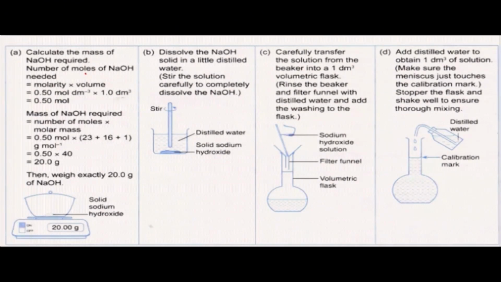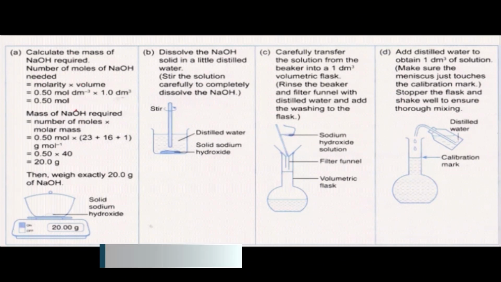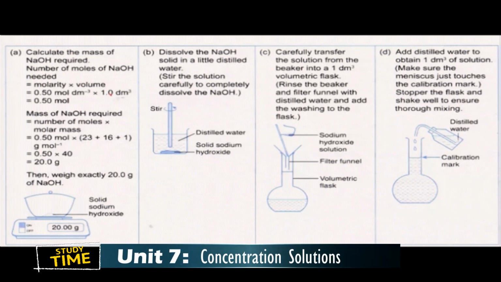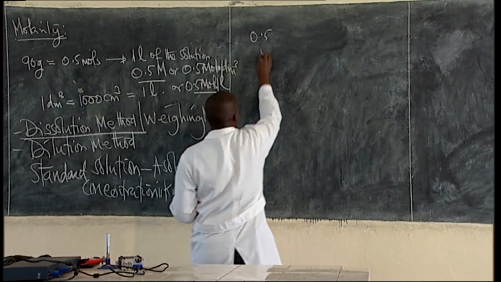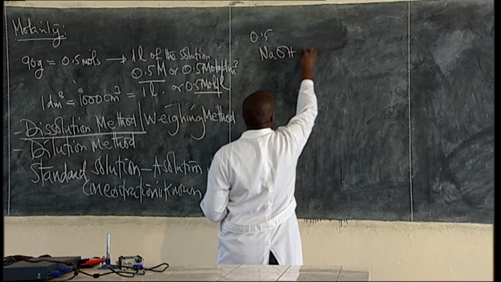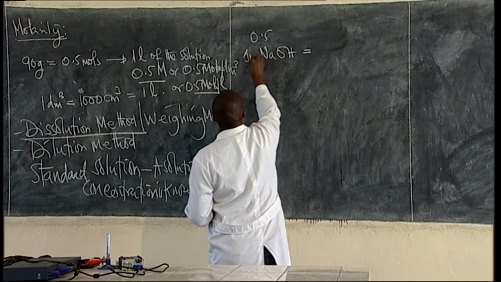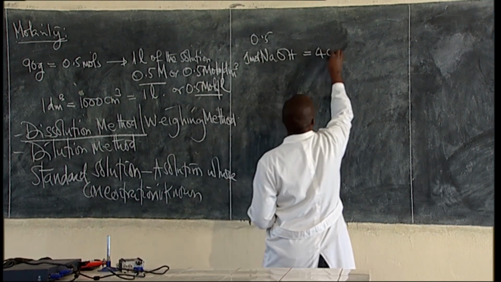You need to calculate the mass of sodium hydroxide required to prepare 0.5. So when we say 0.5 moles, it is equivalent to what? 1 mole of sodium hydroxide is equal to 40 grams.